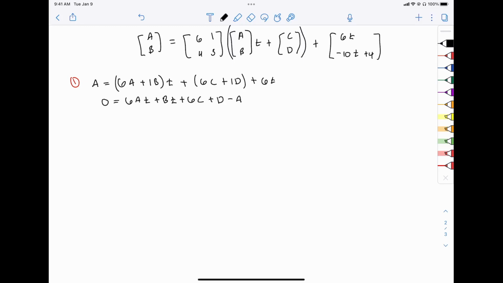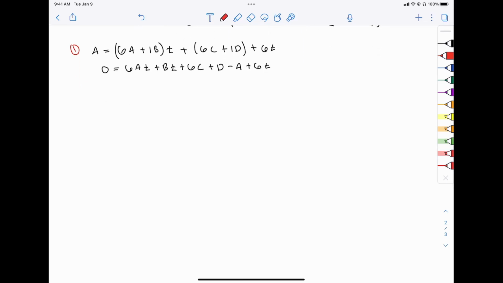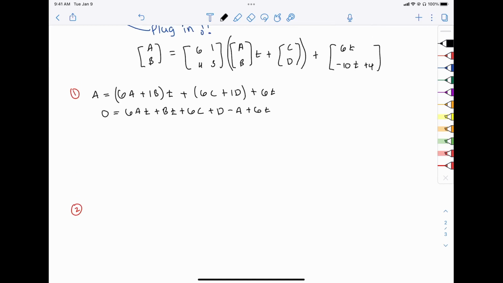Remember, we're going to subtract this a over now, and then plus 6t. Great. Okay, and then I'm going to leave some room here because, like I said, I'm very systematic when I do these. And I know the next step that I need to do.